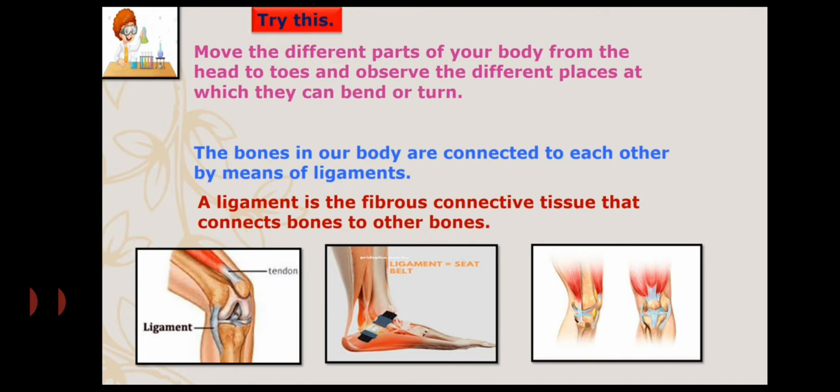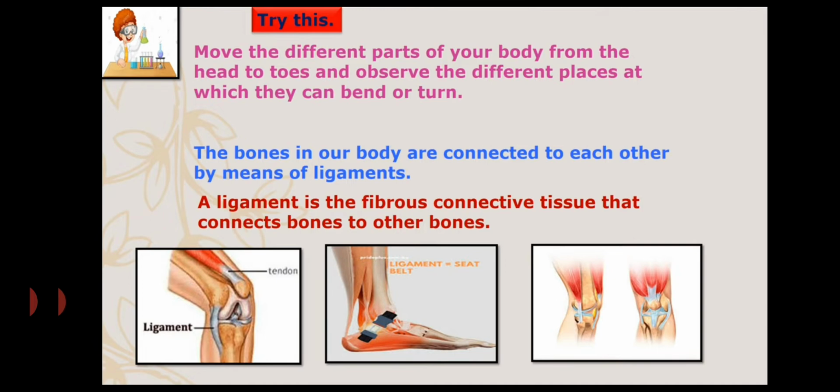The bones in our body are connected to each other by means of this ligament, and the ligament is nothing but fibrous connective tissue that connects bones to other bones. It means two bones are connected with the help of these ligaments.